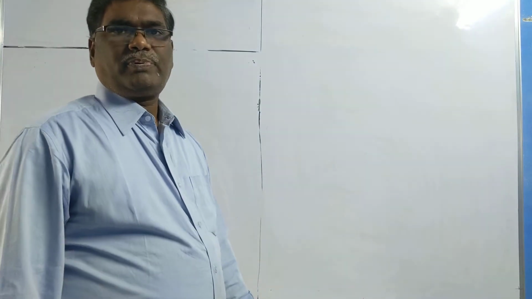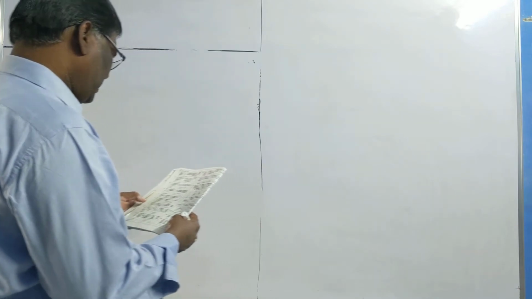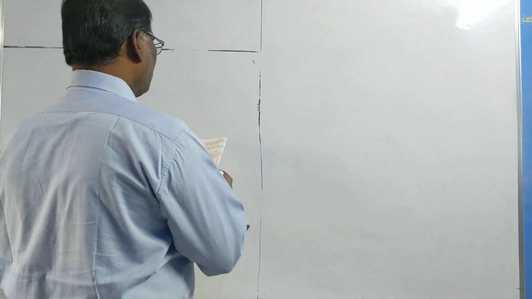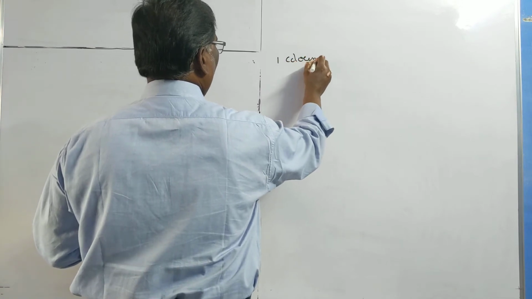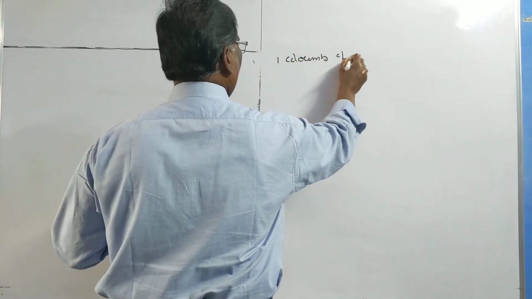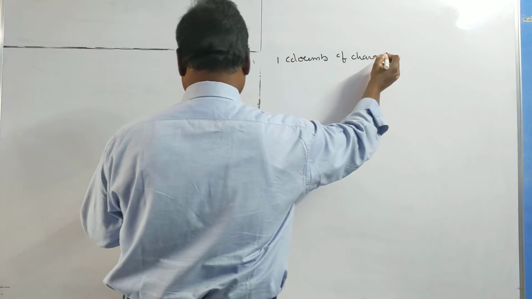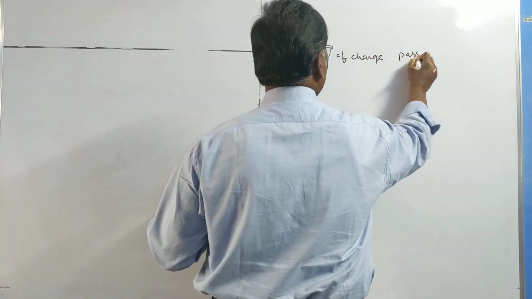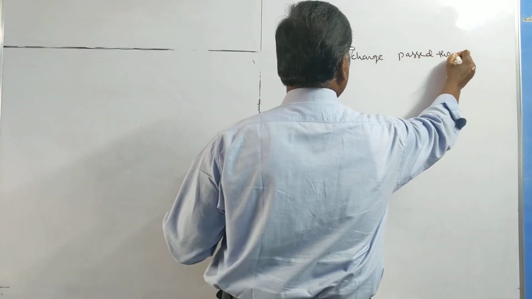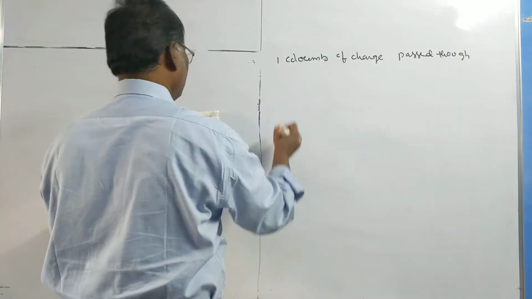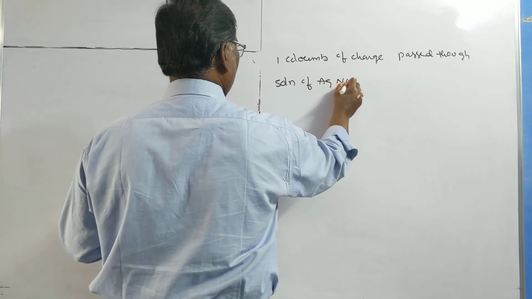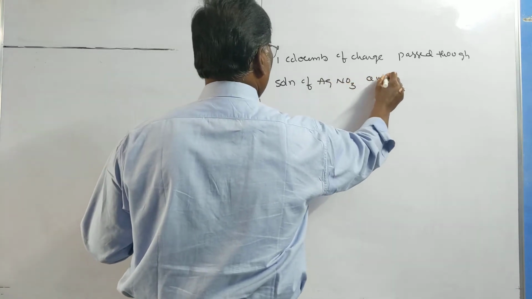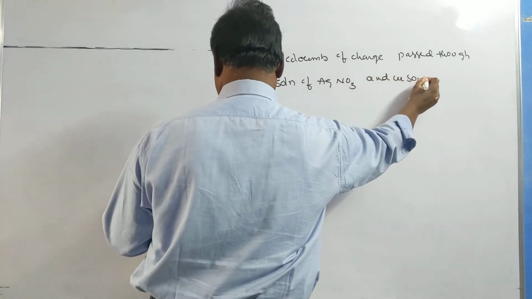Students, we are continuing the problems on Faraday laws of electrolysis. The next problem is: 1 coulomb of charge passed through solution of AgNO3 and CuSO4.